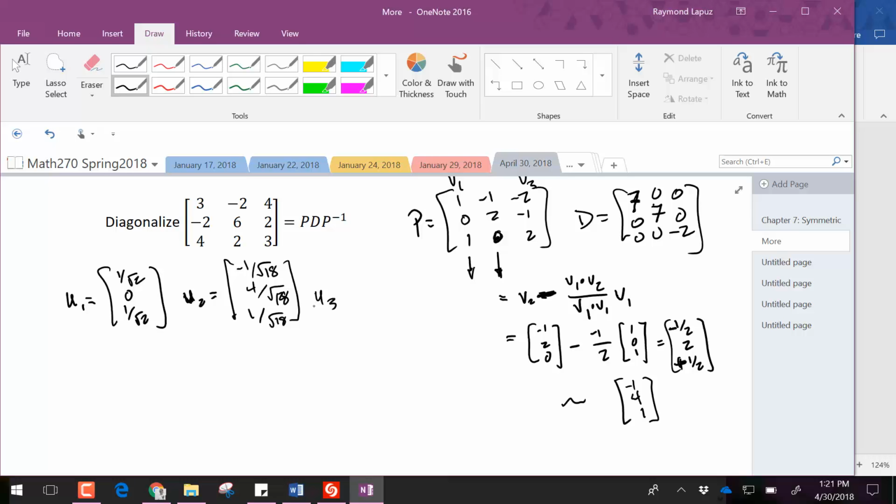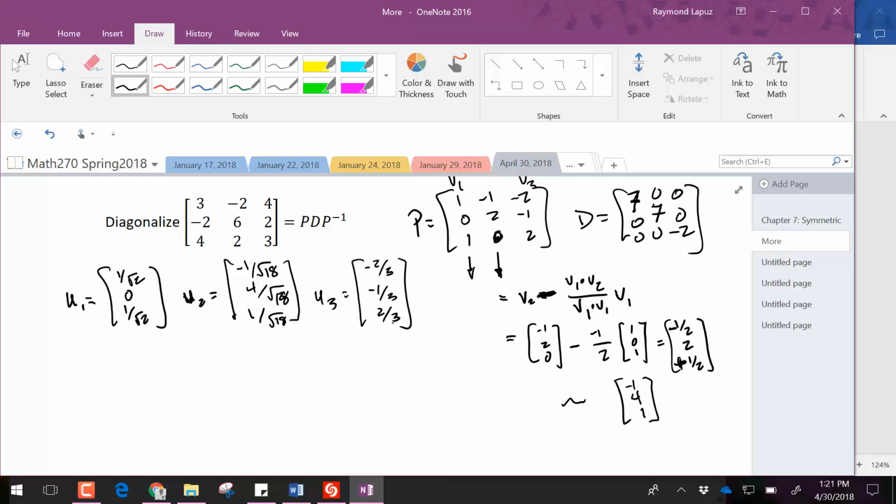And then the last one is 2, 2, 1, so that's 4, 8, 9, square root of 9, or 3. All right. So this is the P that we would like to use.